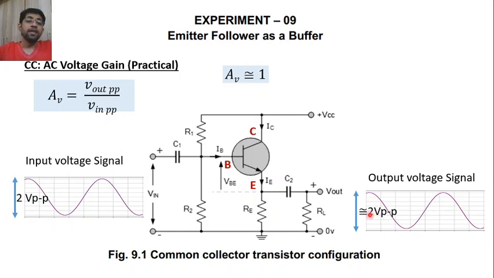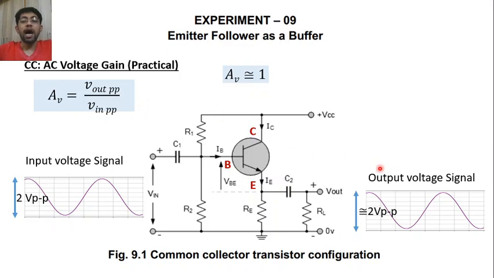So here we know that practical AC voltage gain is output voltage peak to peak divided by input voltage peak to peak, and in this CC configuration output voltage will be same as the input voltage. So if you put these values, 2 volt by 2 volt, you will get that AV will be equal to 1.